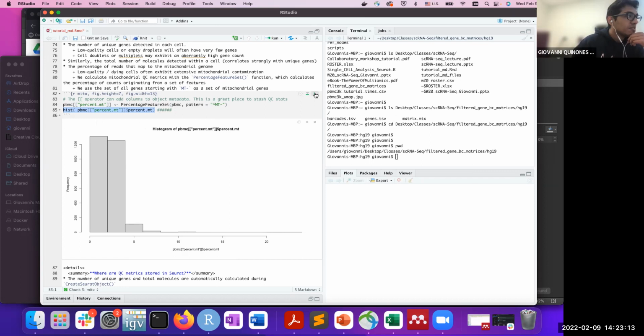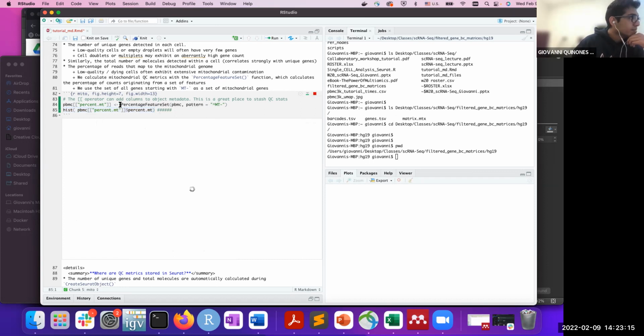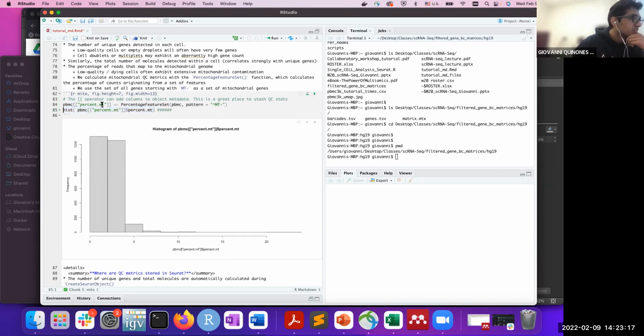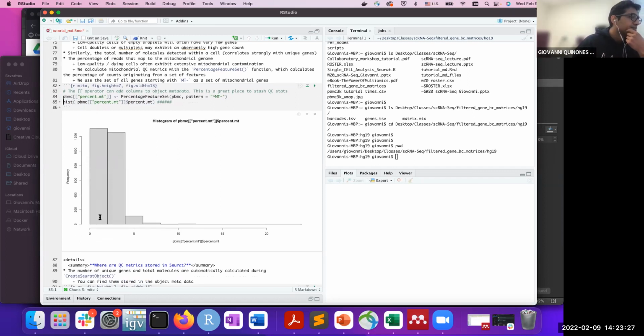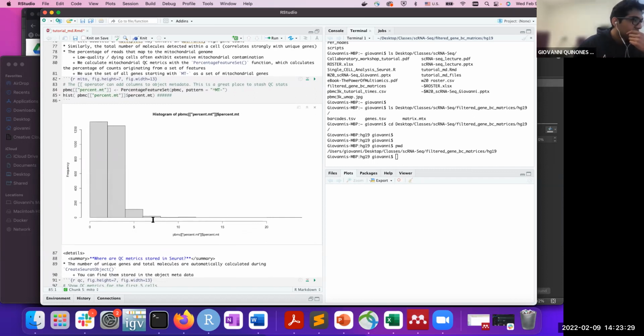Right. When you run this cell, it's going to calculate the percentage of mitochondrial RNAs. And this new line of code I just shared with you is plotting a histogram, so we have a distribution of this percentage of mitochondrial RNAs.